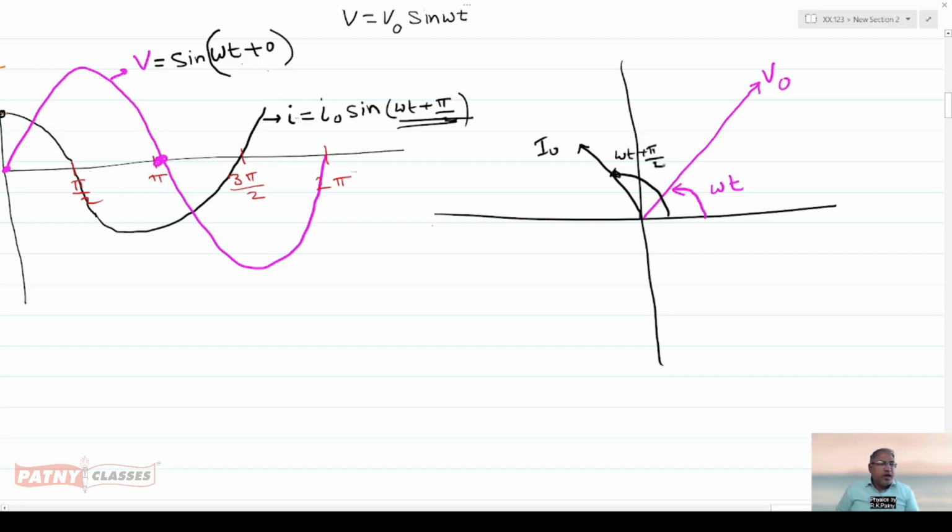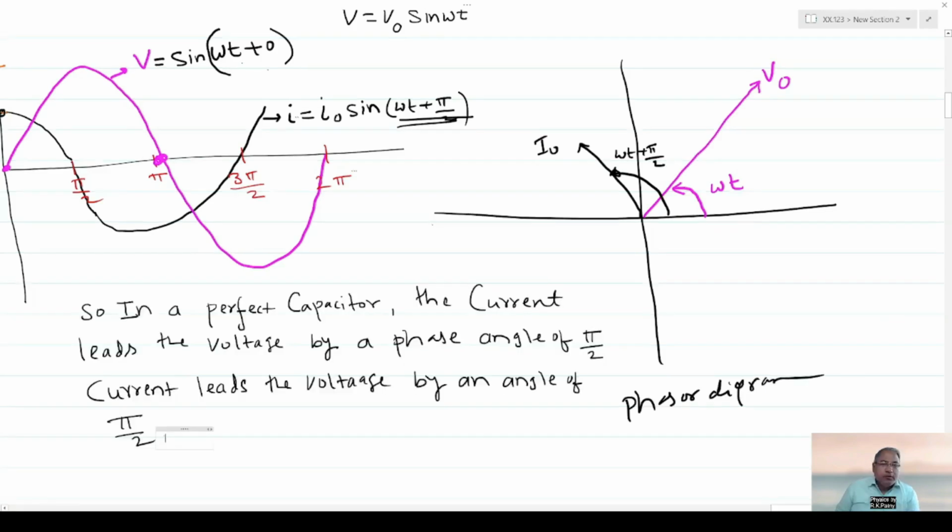So this is the phasor diagram for the capacitor connected across the AC supply. So in a perfect capacitor, the current leads the voltage by a phase angle of pi by 2. That is, current leads the voltage by an angle of pi by 2.